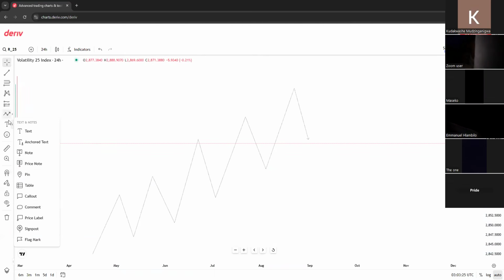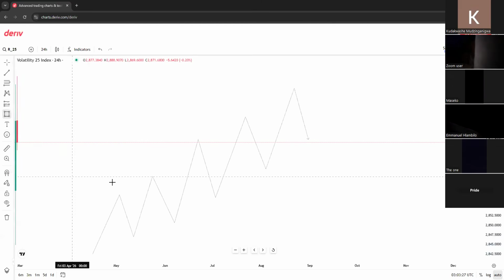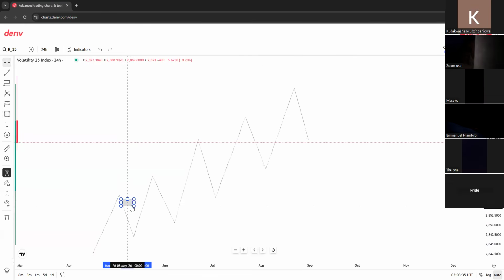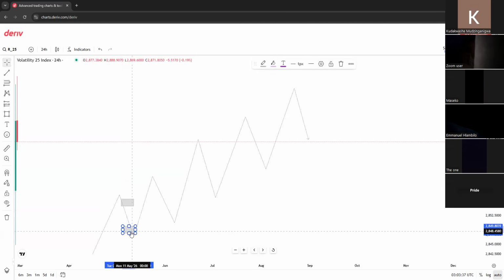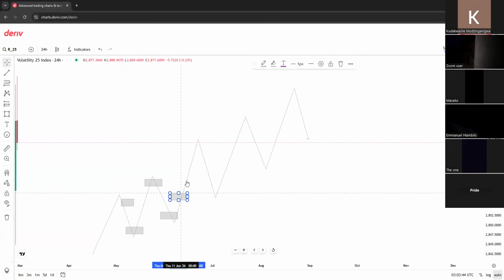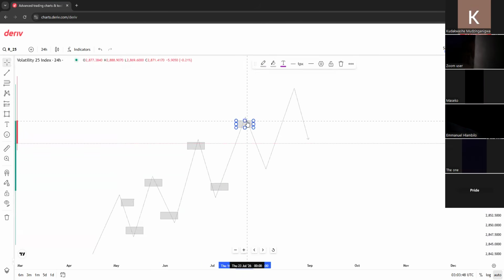This is where we usually see our fair value gaps, at these areas, this is where we are seeing most of our fair value gaps, right?